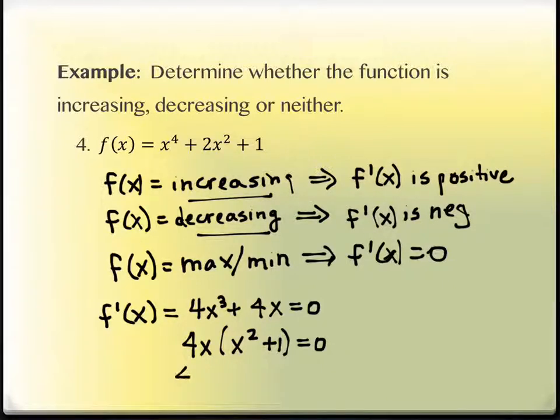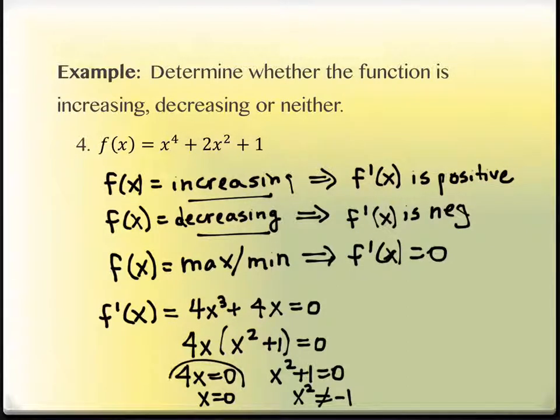I'm going to set each one of them equal to 0. The first one actually has a solution, x is equal to 0. The second one, just like we had before, doesn't work, right? There are no solutions out of that. There's only one place where the graph might change directions, at 0.